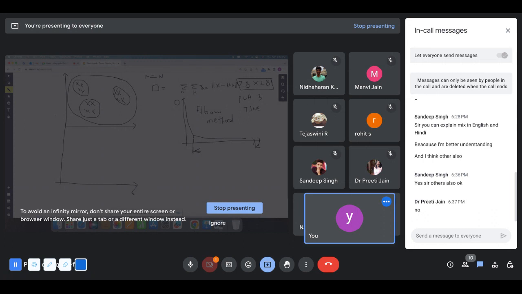Another instance: let us say, how many points do we have? 8 points. So let's say k is 8. You can have this as a cluster, this as a cluster, this as a cluster.